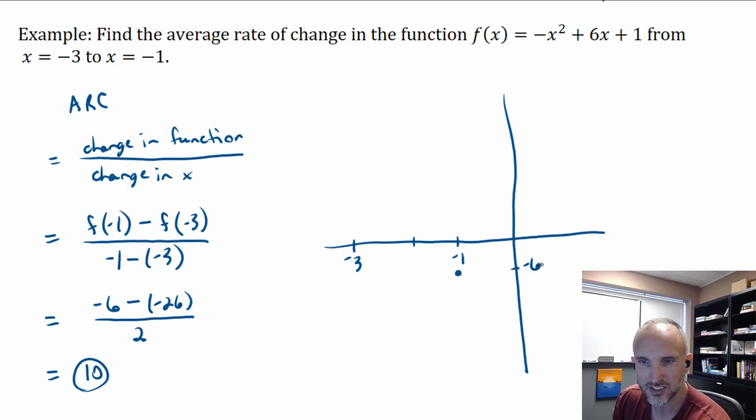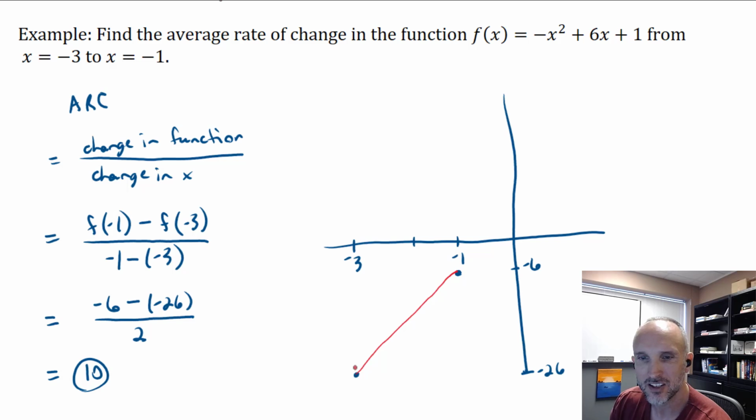We'll just say -6. At -3, it outputs -26 way down here. And while this parabola has a curvature to it, we're not interested in the way the function curves. We want to know on average the rate of change. So what we're doing is calculating the slope of the line that connects those 2 points.